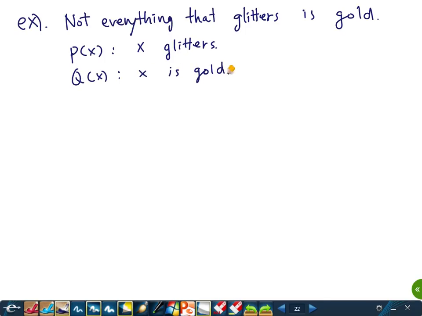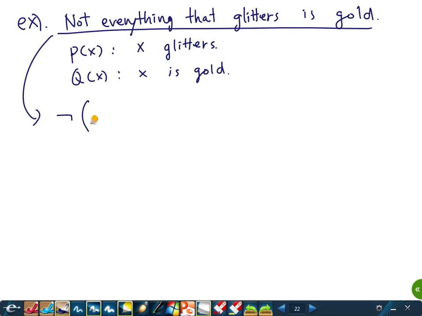So the domain of discourse here, what can it be? Everything? Yes, just literally everything. The domain of discourse is the set of everything, let's say. So now we can write this in this way: not, for everything, if P of x then Q of x.